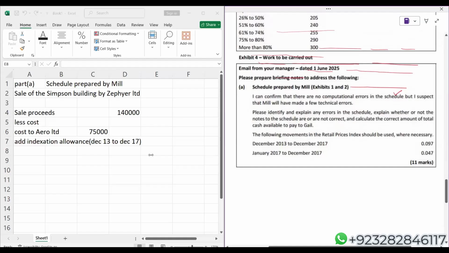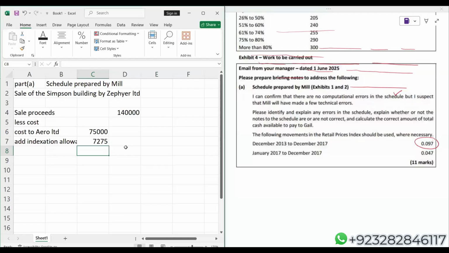You can see that it's 0.097. Just a minute, 75,000 into 0.097.